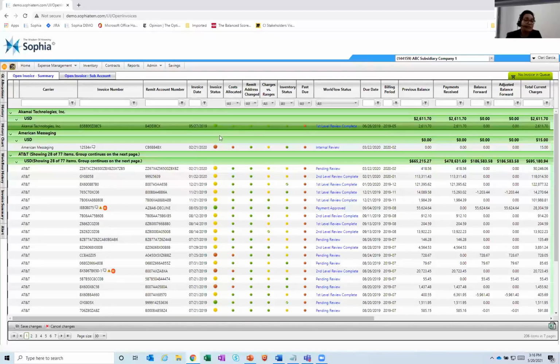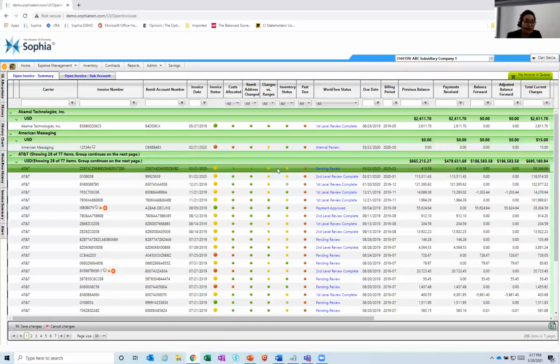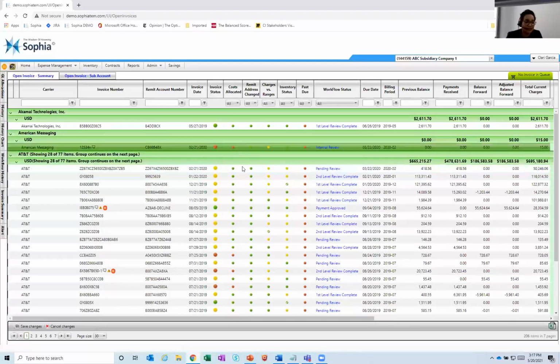In essence, it is creating this exception-based workflow where we can identify the services that need to be investigated because they may not be in the product catalog as part of your existing inventory, or services may not have been allocated.